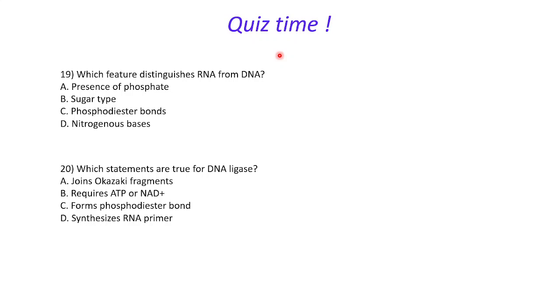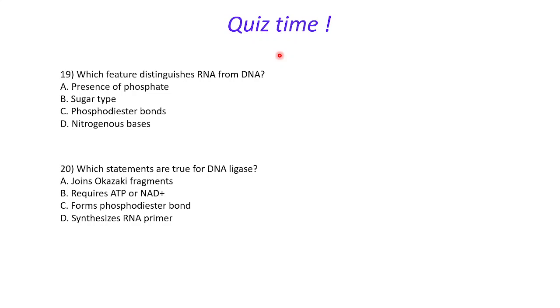So DNA ligase joins the Okazaki fragments. What it does, it seals the nicks between the Okazaki fragments on the lagging strand of the DNA during replication. It is an enzyme that requires a source of energy, typically ATP or NADH, for the catalysis of the reaction.